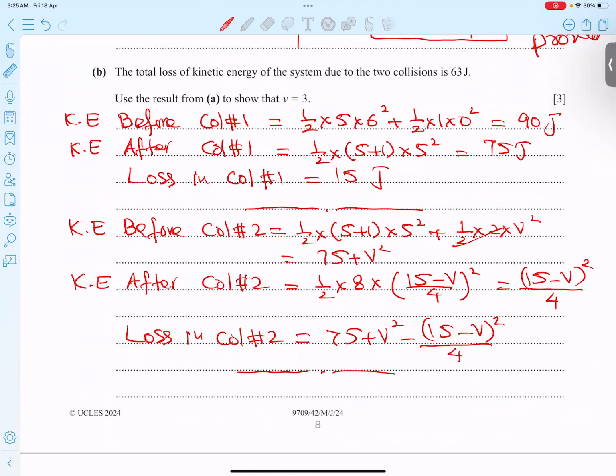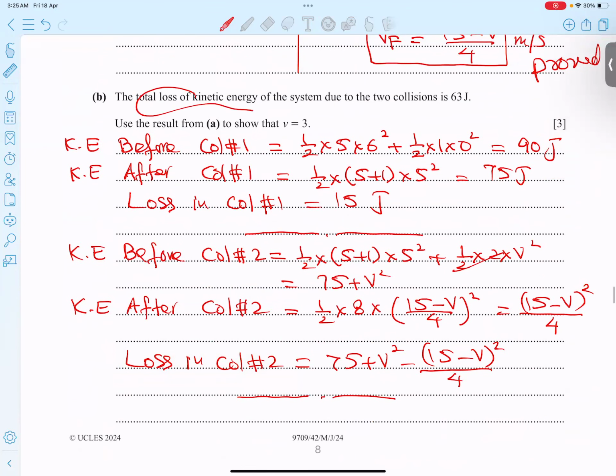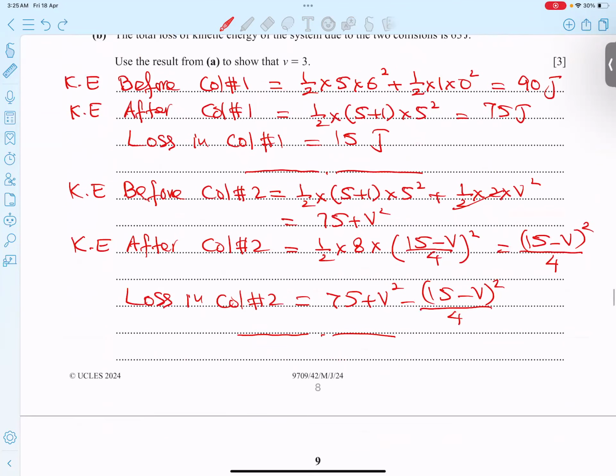So I got it. As mentioned, the total loss in both collisions is 63. I will say this plus this equals, so 15 plus 75 plus v squared minus (15 minus v) whole squared over 4 equals 63.